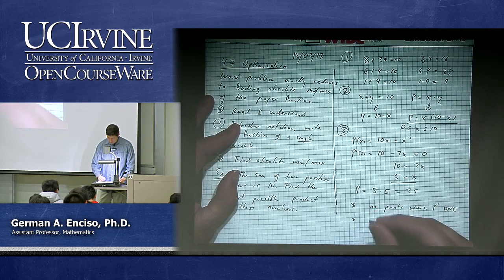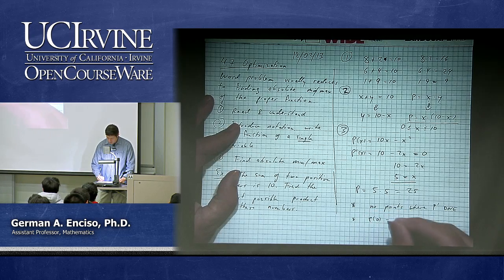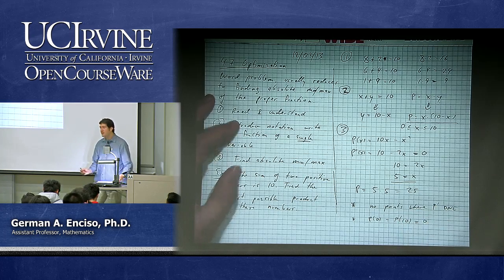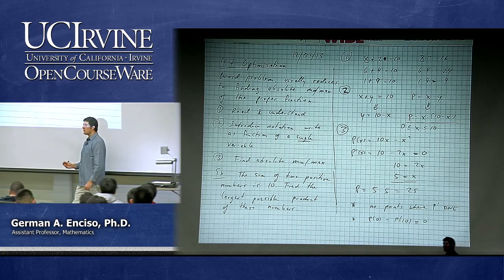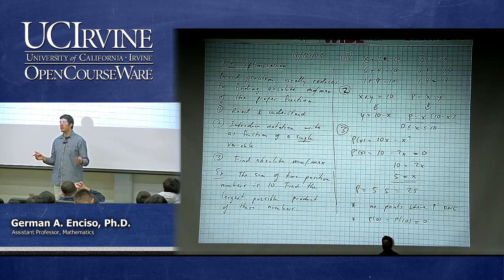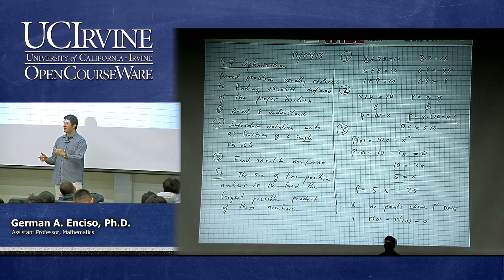And also, p of 0 is equal to p of 10 is equal to 0. That's not the maximum. The endpoints, 0 and 10, are the other possible suspect points for maxima and minima. When you're maximizing a function, you're supposed to look at the endpoints. But the endpoints here are obviously not maximum and minimum.